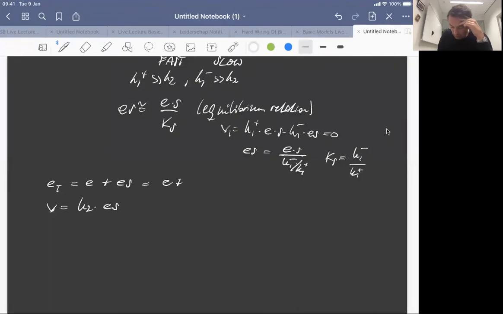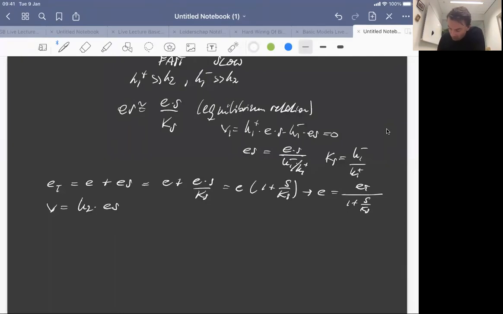First we say ES is E times S divided by Ks. So E total is E times (1 plus S divided by Ks). That means that E is E total divided by (1 plus S divided by Ks). So when you have more S, the concentration of the free enzyme goes down because you make more ES.